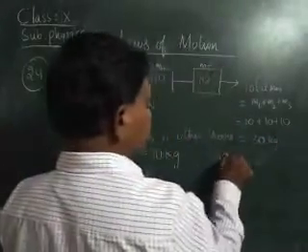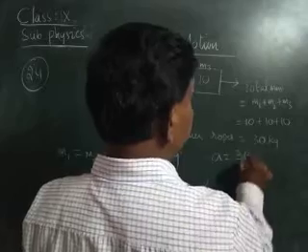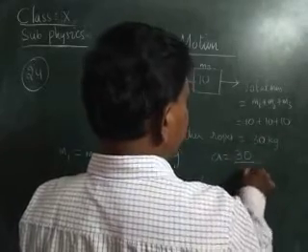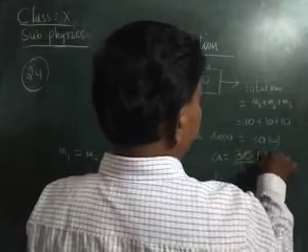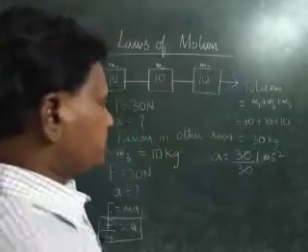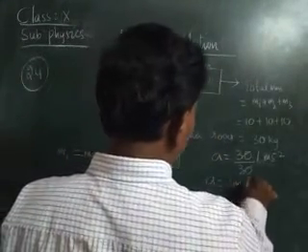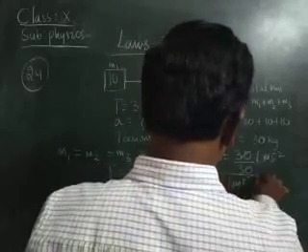Here acceleration equals F by m. F is 30, m is also 30, that is equal to 1 meter per second square. What is the acceleration, children? We got it as 1 meter per second square.